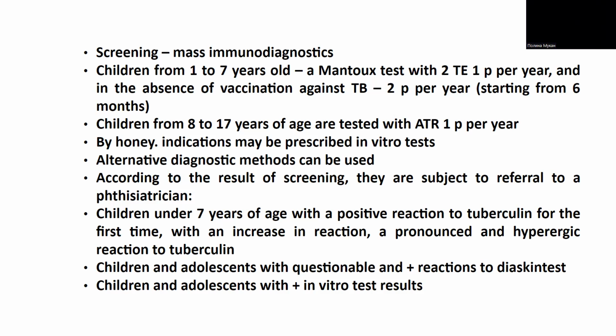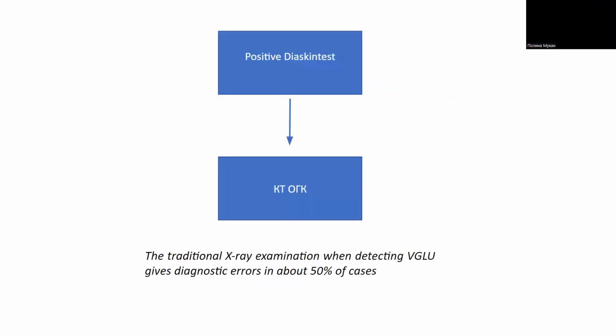And children under 7 years of age with a positive reaction to tuberculin for the first time, with an increase in reaction, or a hyperergic reaction to tuberculin. You can see the traditional X-ray examination. And if we have a positive skin test, we should do computer tomography.